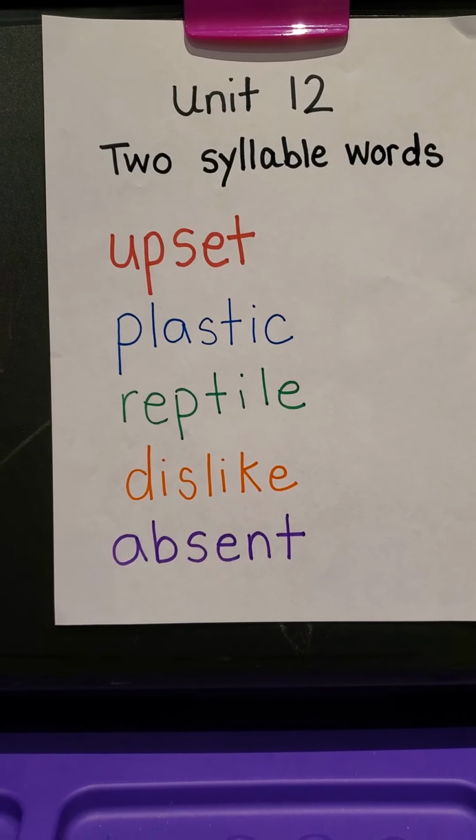Okay, let's move on to markings. So when we have two-syllable words, when we do the markings on paper, we would underline each syllable. I didn't do it yet because I want to show you something. When we're learning how to read, or if I was talking about two-syllable words in school, to show you the syllables, I would scoop them.